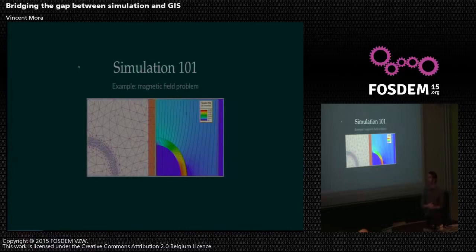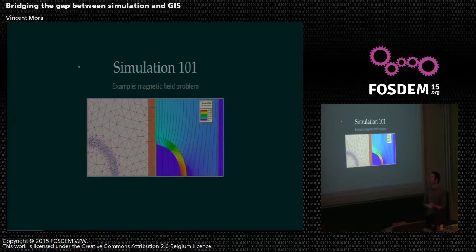On the left, suppose this is an approximation of a problem in 2D. Let's say we have two kinds of materials, probably a conductive wire on the right and some ferromagnetic thing, and air in between. We want to compute the magnetic field of this domain.